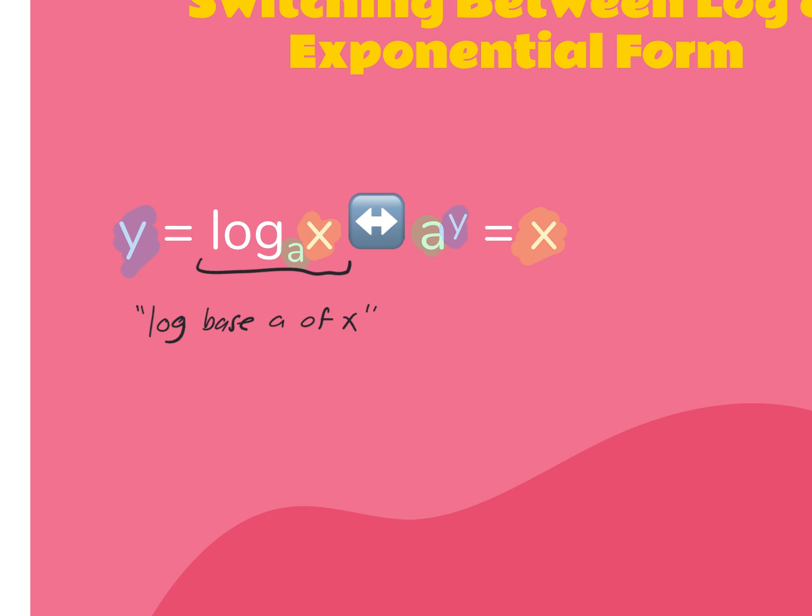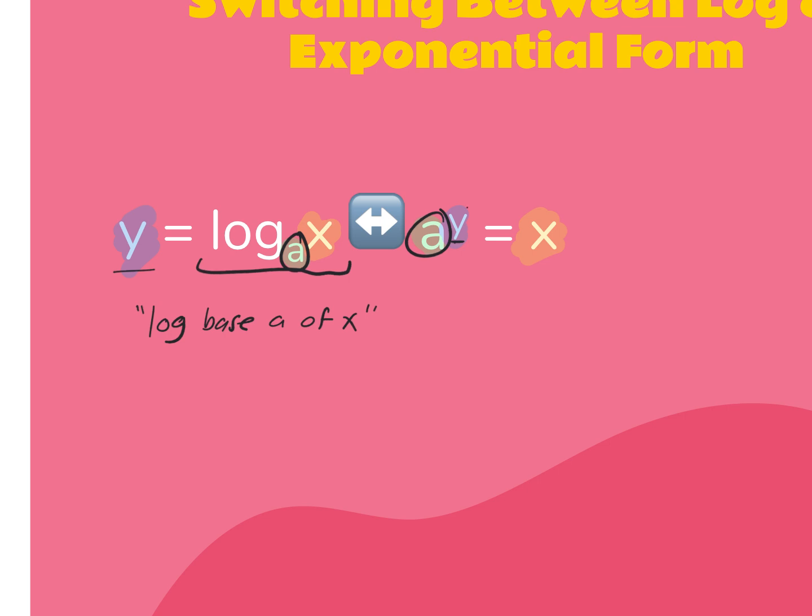A, this little number right here, is your base. X is the input of your log function, and y is going to get you your answer. Notice that y in the log function is the exponent in an exponential function. Your bases are still going to be bases; a is a base in both of them.